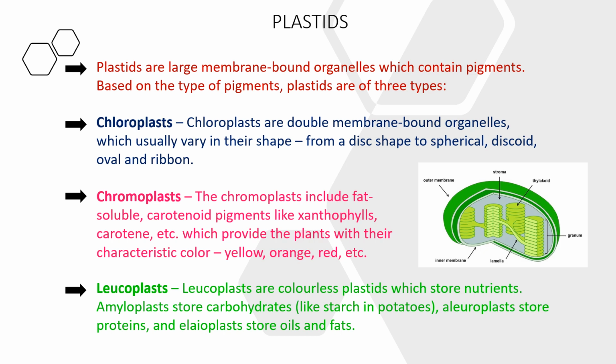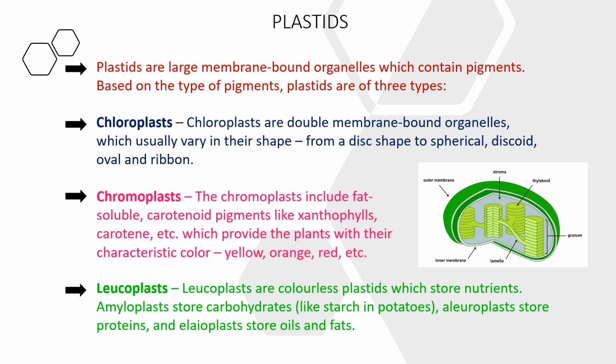And we have flattened disc-like structures known as thylakoids, arranged in a stacked manner, looking like a pile of coins. Each pile is known as a granum.